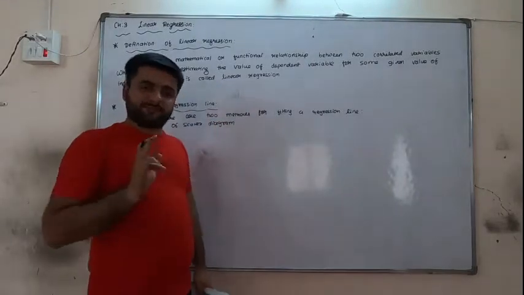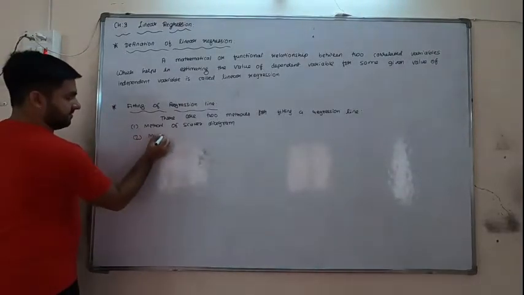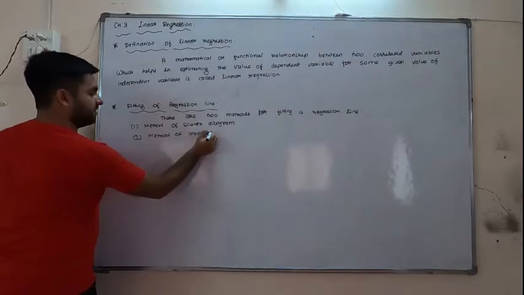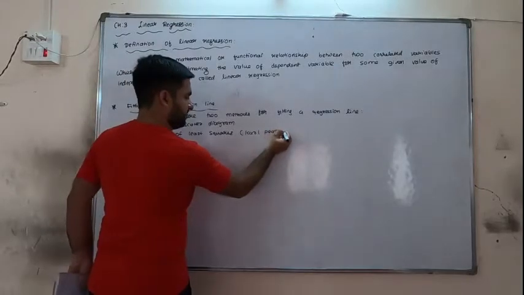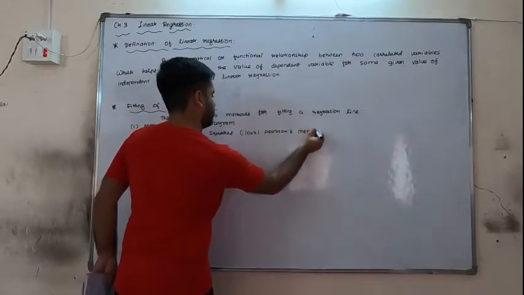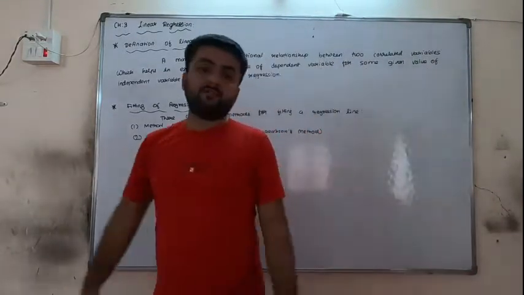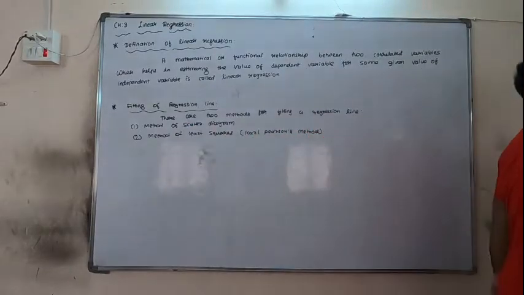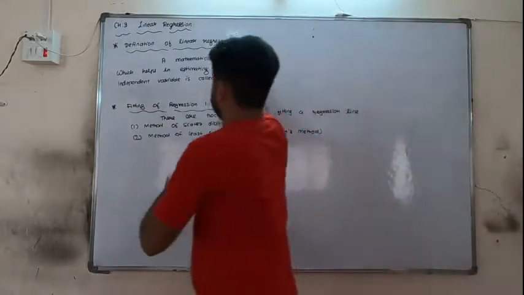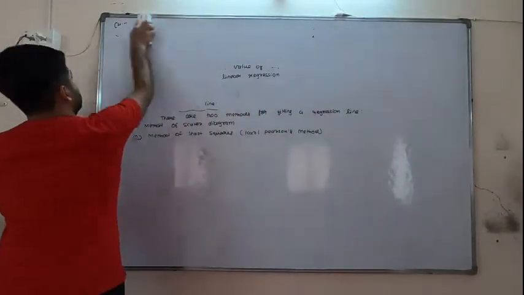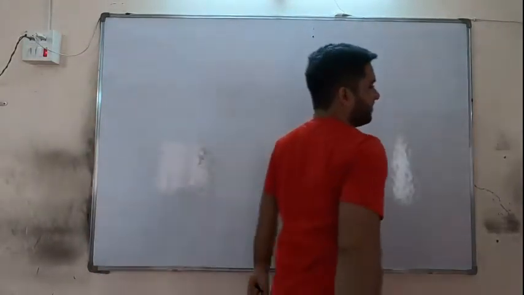This is not in our course as per the government syllabus, but you should know the name. And next is the method of least squares. This method of least squares is Karl Pearson's only, meaning the same formulas with slight change we will learn. So these are the two methods: method of scatter diagram and method of least squares, that is of Karl Pearson only. Now we are directly seeing the method of least squares, and nothing is given for the scatter diagram, so don't worry.